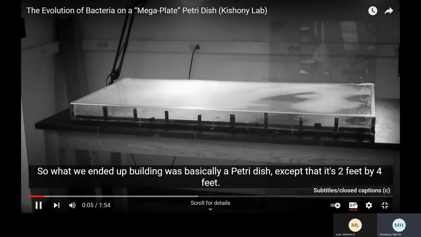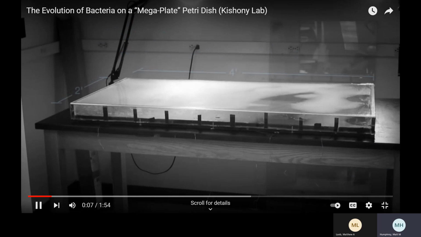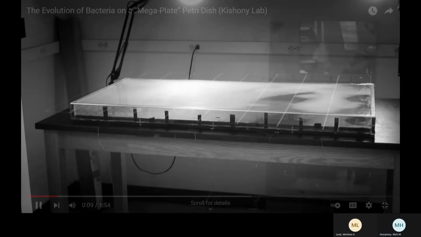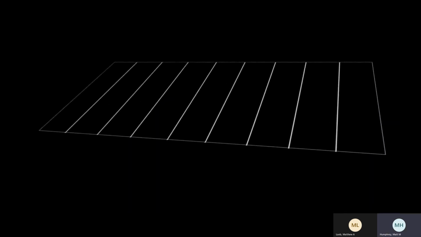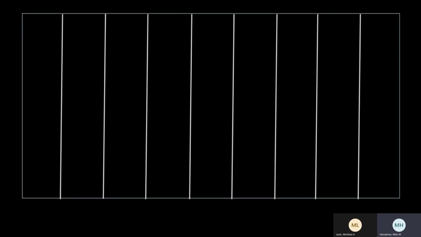Building was basically fish. Except it's 2 feet by 4 feet. Set it up. That's not bad. Yeah, basically bad. But it's exotic side. No exotic. Just if you 5 out of that.